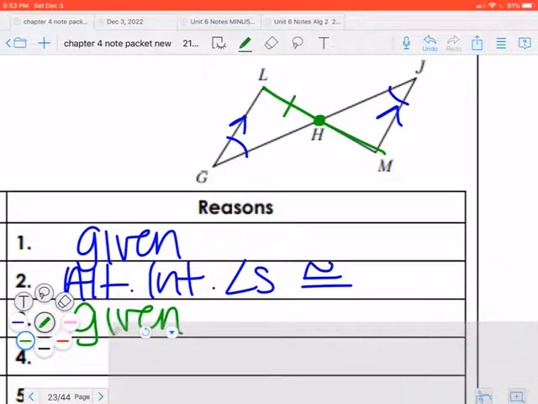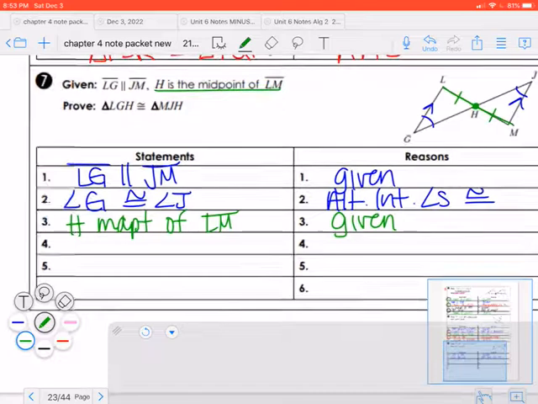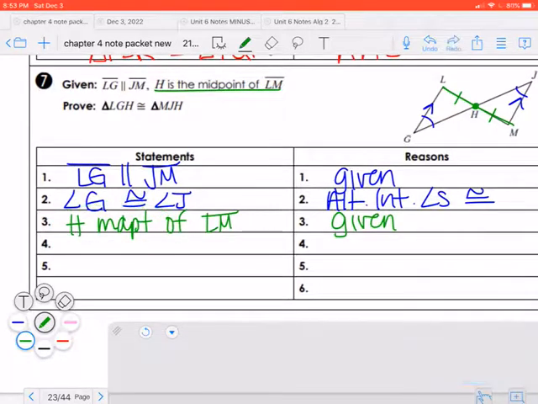Yep. HL is congruent to HM. Directly, because they said midpoint, the very next thing we say is the two halves are equal. HL is congruent to HM. And the reason? Definition of midpoint.